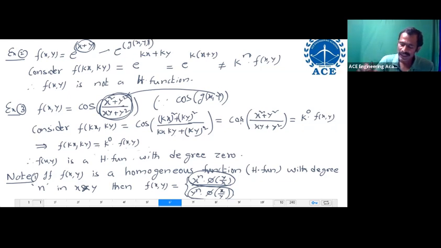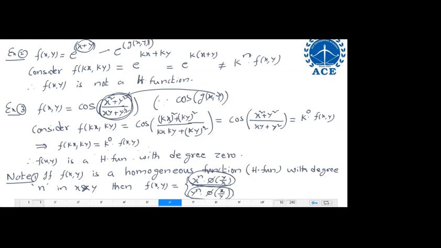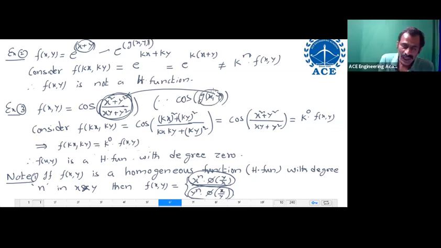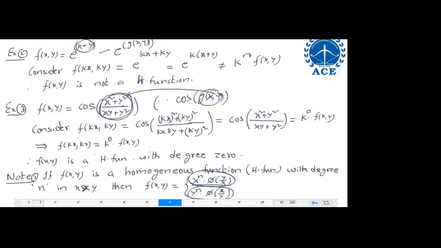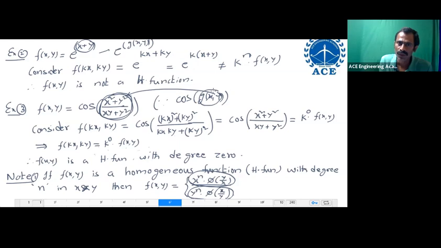Let us consider this cos function as cos of some function g of x, y. So the inner function g of x, y is (x square plus y square) by (xy plus y square), right? Yes, sir. This g of x, y is an algebraic function. Check whether that function is homogeneous with degree 0 or not.